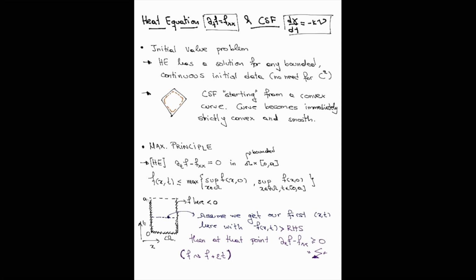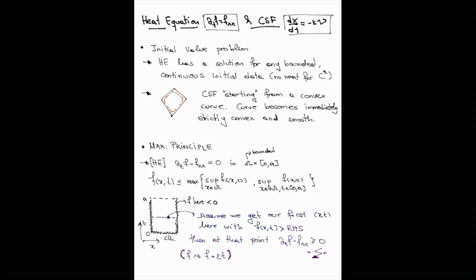This maximum principle is pretty much what we do in school, the second derivative test. Without loss of generality, let's assume that this maximum on the parabolic boundary is equal to 0, or less than 0. I can always do this by translating my function. And assume that somewhere in the interior, you get a point where F is bigger than 0. Let's take the first time that this happens.